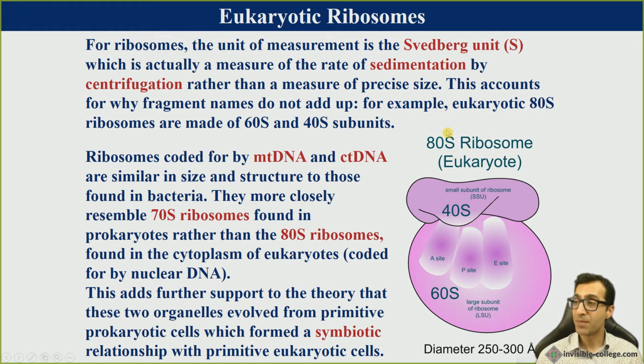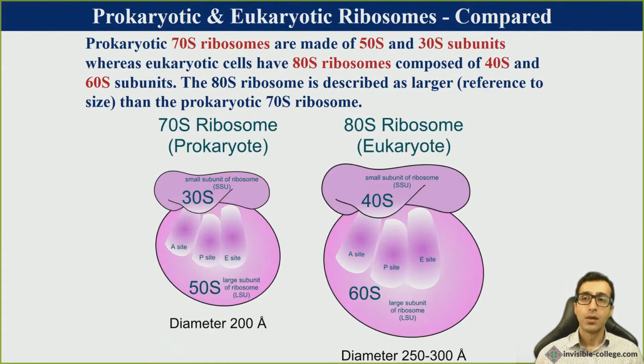The Svedberg unit just describes the size in terms of how rapidly these particles sediment when they're in a solution or a suspension. As we can see here, by direct comparison, the prokaryotic ribosomes are typically smaller.